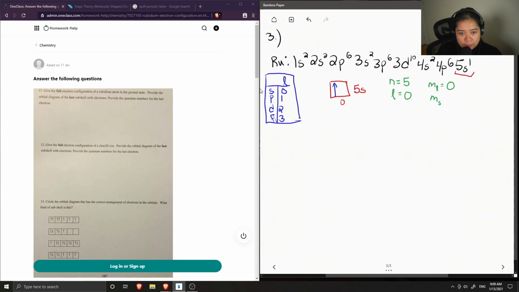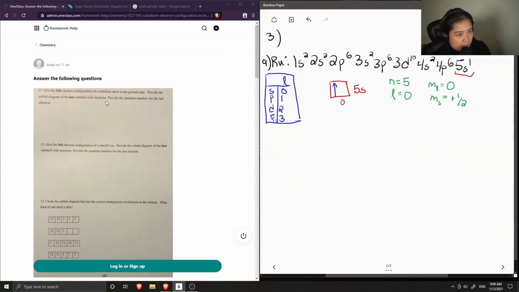And for the magnetic spin number, since the electron is spinning upwards, we're going to write positive half. If it was spinning down, then it would be negative half. Okay, so this is 3A.